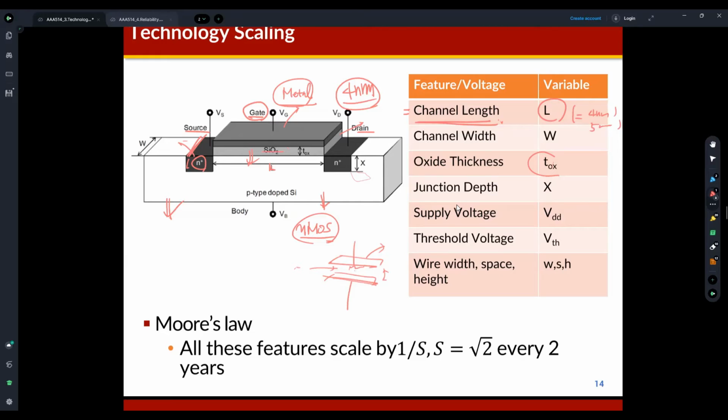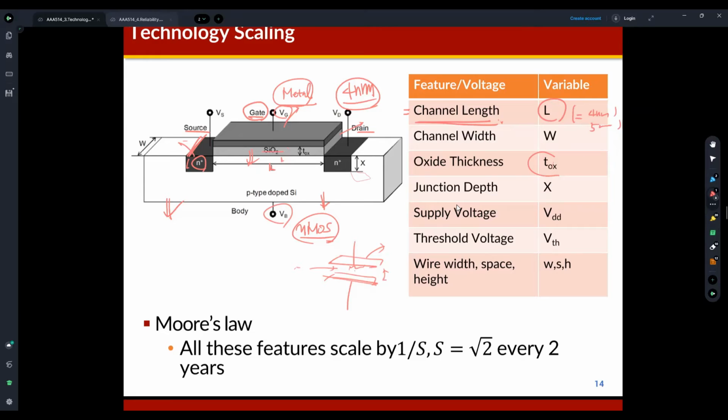But the voltage difference between the gate part and the body part, the substrate part, can also influence the voltage level under this silicon dioxide. Okay.